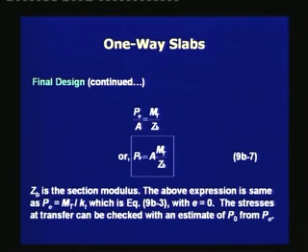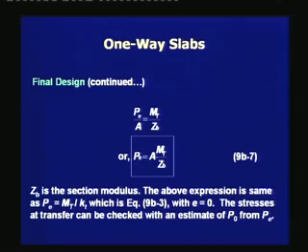Pe by A, which is the uniform compressive stress, is equal to Mt divided by Zb, which is the tensile stress generated due to the bending under service conditions. From this, we directly get the value of the prestressing force, that Pe is equal to A times Mt divided by Zb.